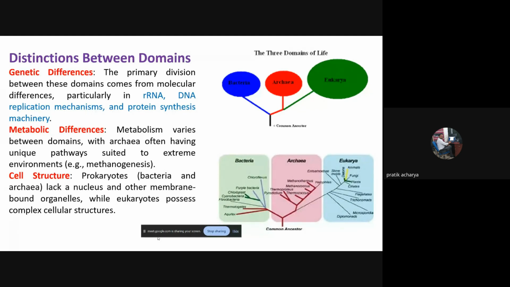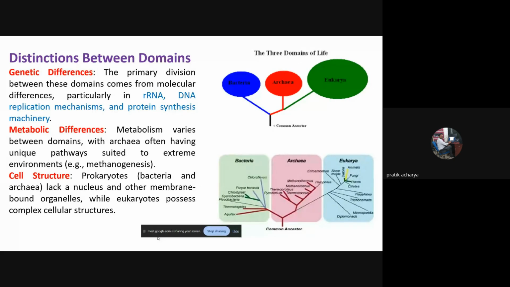All these kinds of genetic differences we can find between the domains. Not only genetic differences, metabolic differences are also there. If organisms vary from one to another on a genetic basis, metabolism is also affected by that genetic basis. That's why metabolism varies between domains, with archaea often having unique pathways suited to extreme environmental conditions.